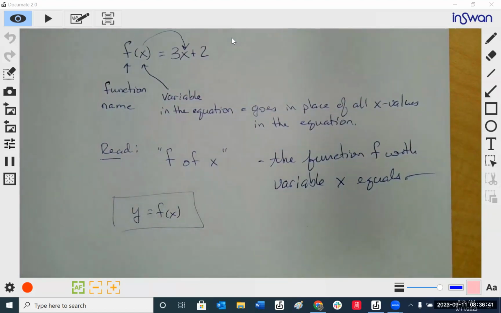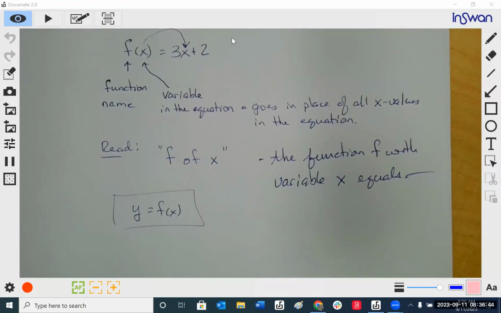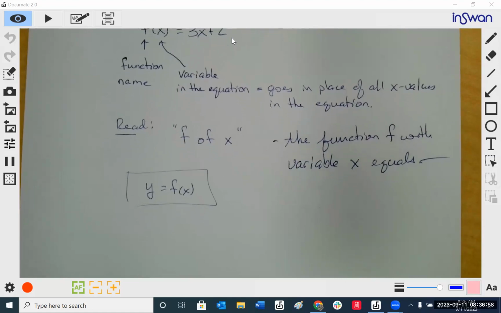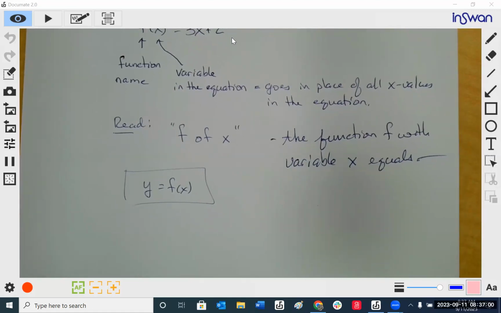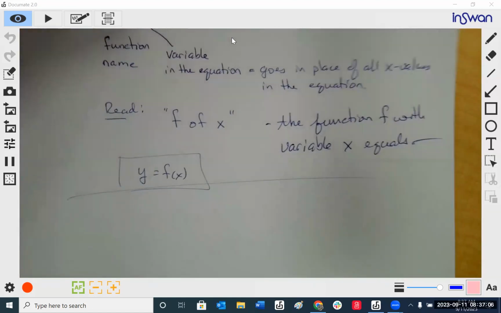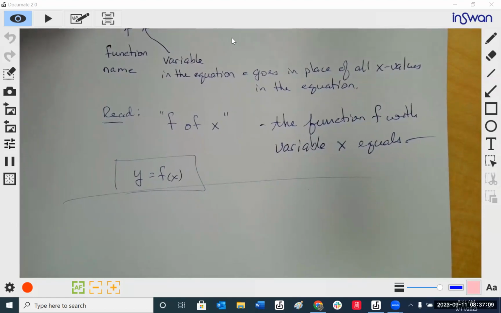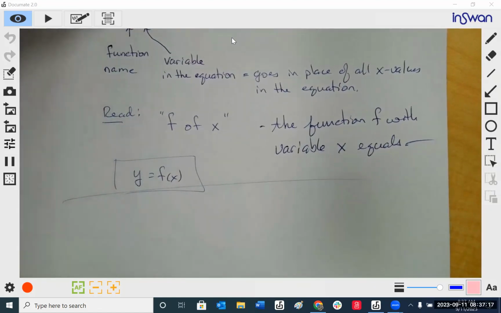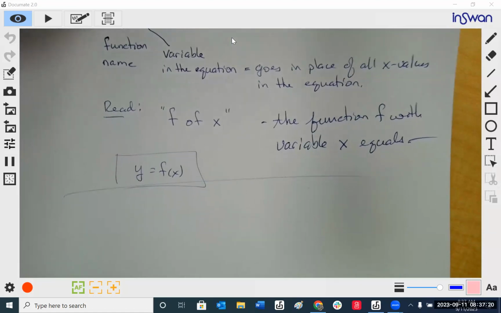Whenever you see one, it means the other. Got it?